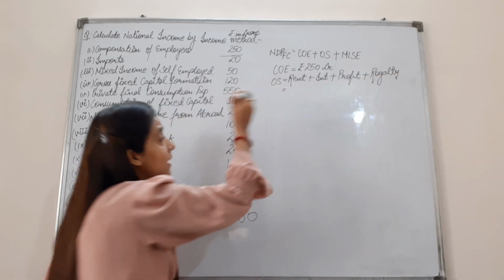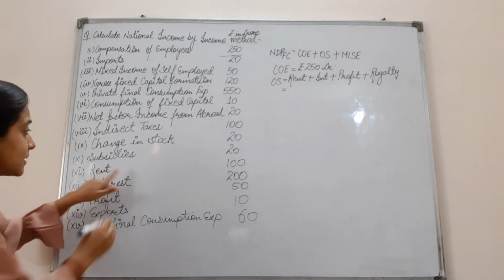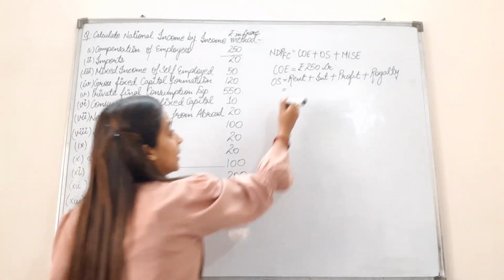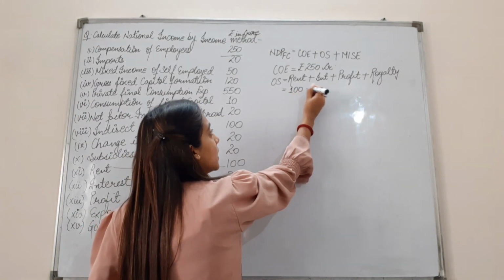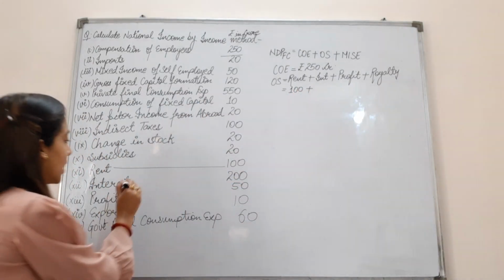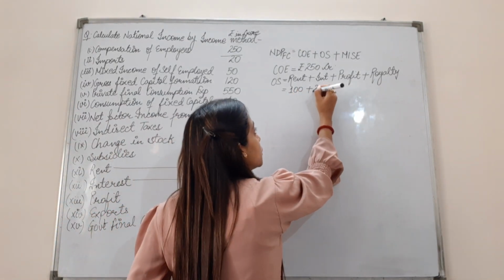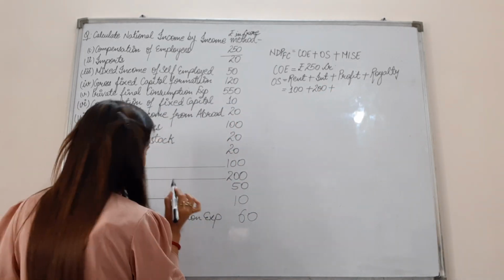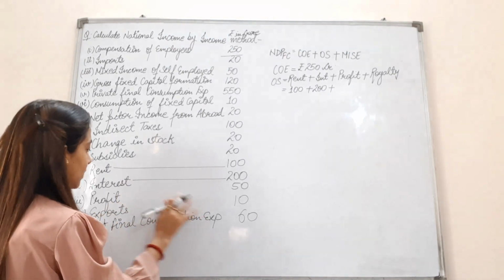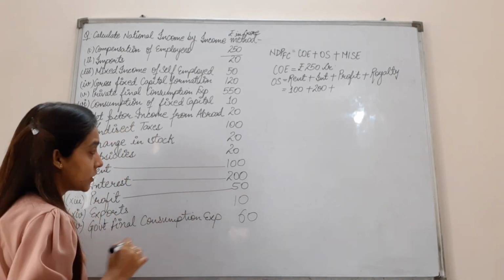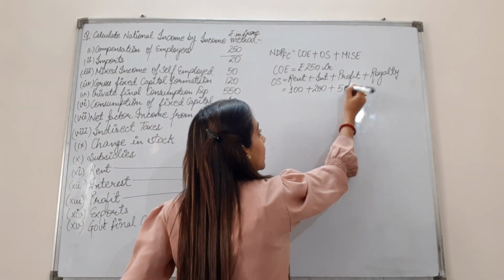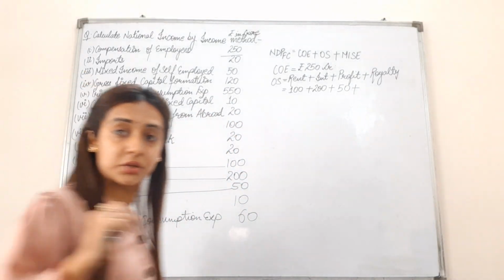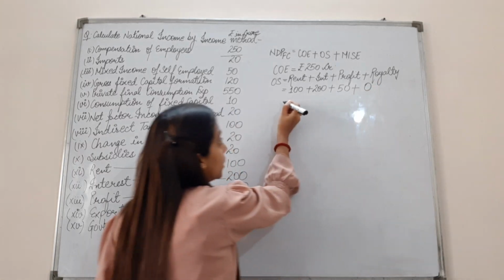What is rent given in the question? Rent is rupees 100 crore. We will write 100 plus. What is interest? It is 200 plus. What is profit? It is given, that is your 50. Plus royalty is not given in the question, it will be 0.